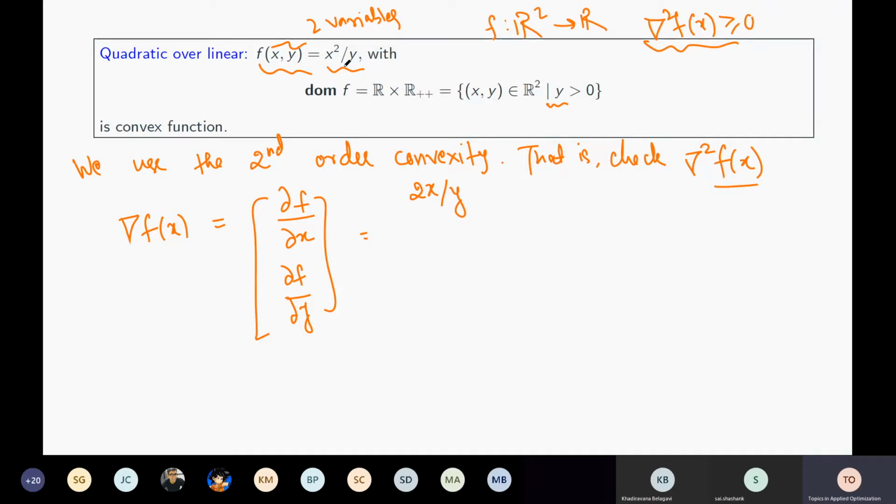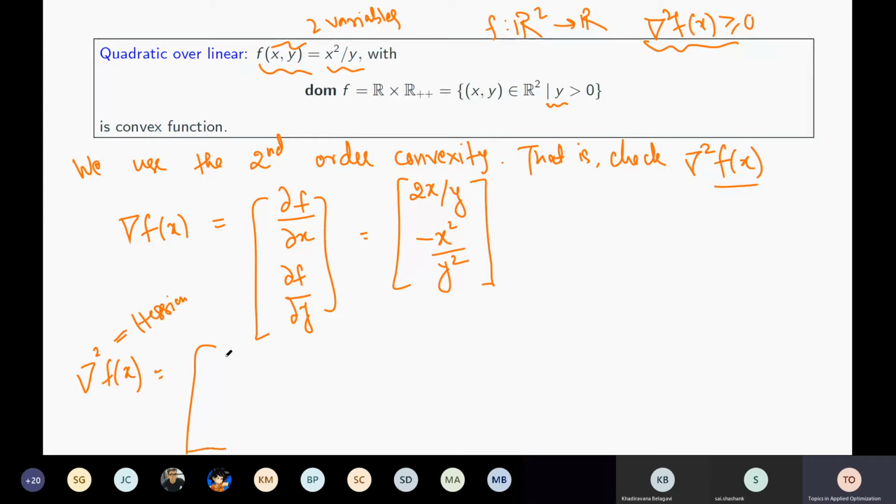The partial derivative with respect to y is minus x² over y². This is the first derivative, and if we take the second derivative of this, then we will get the Hessian.